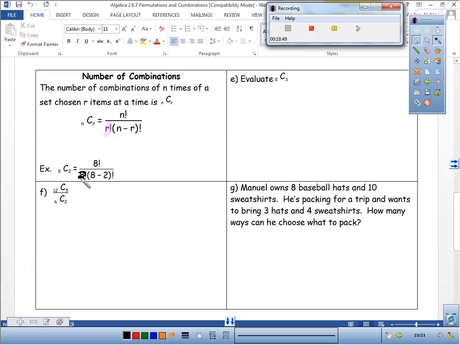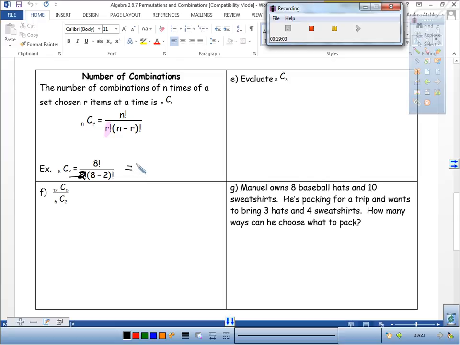You also have this button on your calculator. Instead of the P, it's the C. And what does that give me? Combinations. It's a combination instead of a permutation where order matters. 28.